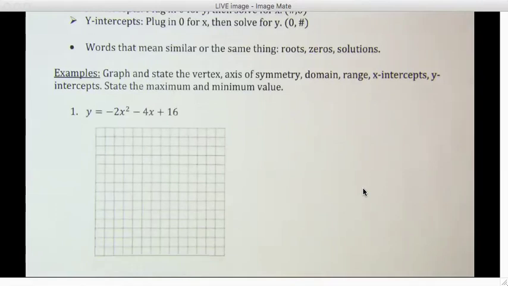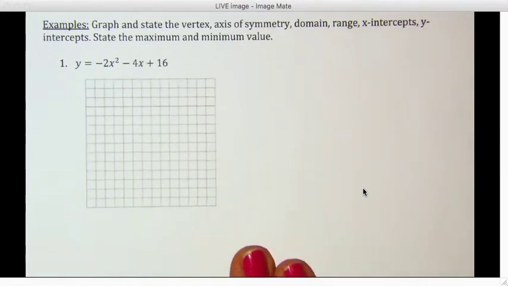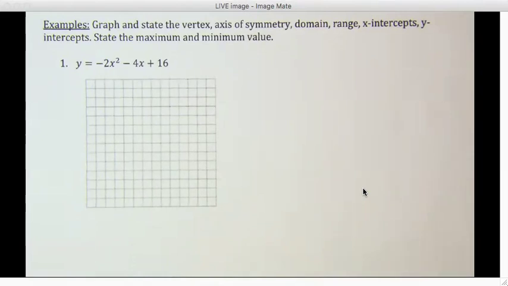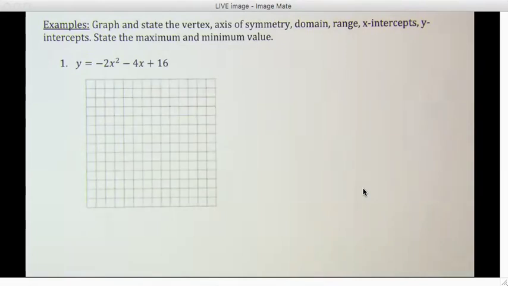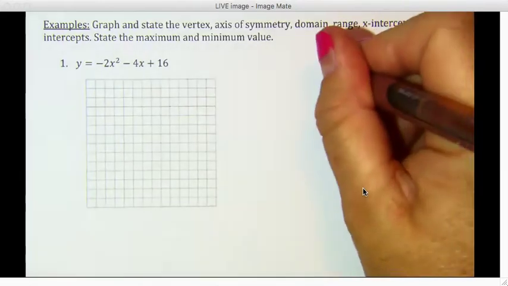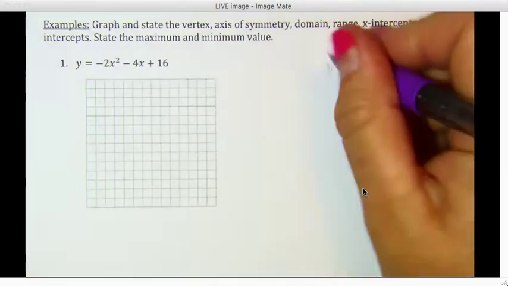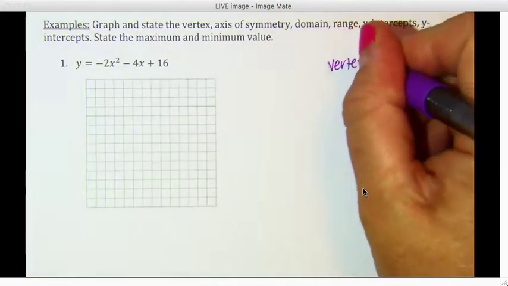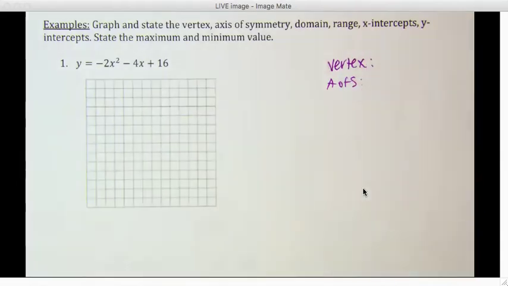And let's go ahead and get into an example of graphing one of these. So this question is asking us for several pieces of information. I like to write those things off to the side to make sure I fully answer the question. So I'm looking for the vertex, the axis of symmetry, and I will abbreviate that as A of S, and you can do the same thing.